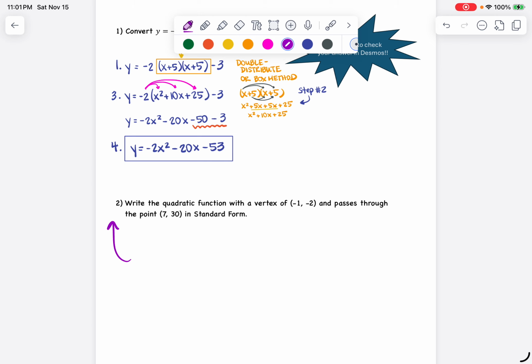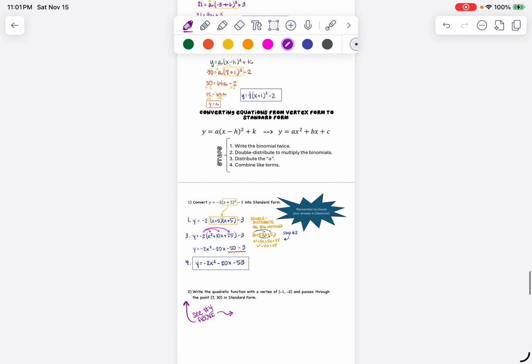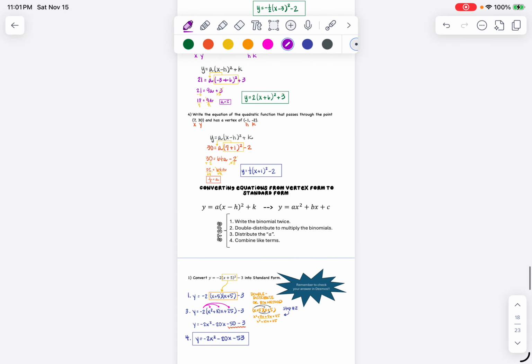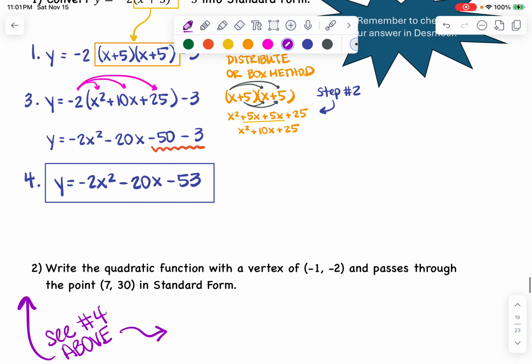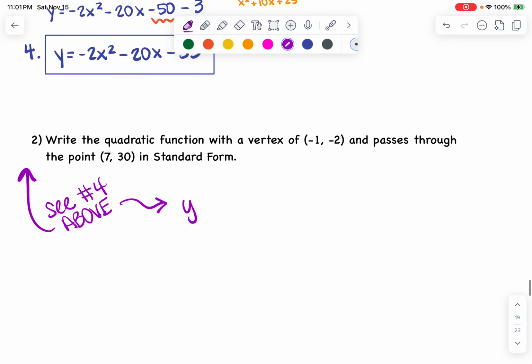All right, so we already did this question. I'm going to write C number 4 above, because I don't want to really do all that math again. The reason I'm saying that is because on number 4, we already found that in vertex form. We got y equals 1/2 (x plus 1) squared minus 2. I'm just going to write that down.